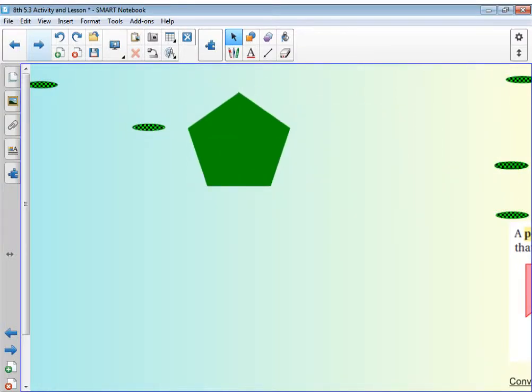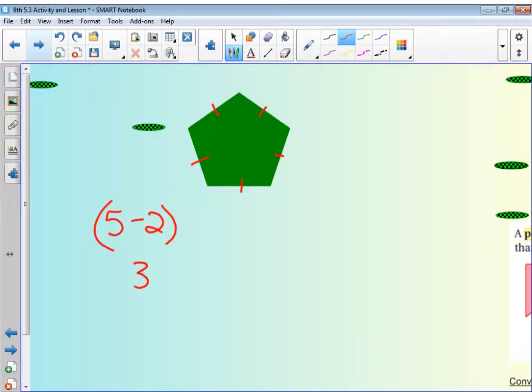Let's look at this next one. When we count the number of sides, I like to touch each side, so I mark it 1, 2, 3, 4, 5. So there's 5 sides. Our formula is the number of sides, 5, minus 2, which gives us 3, and then we take that answer times 180. 3 times 180 gives me 540 degrees.